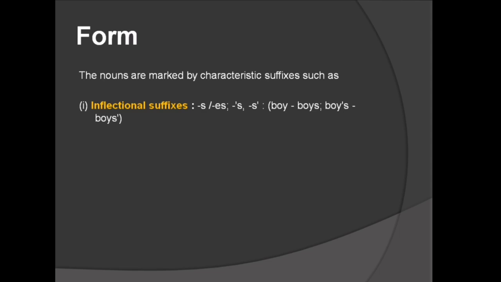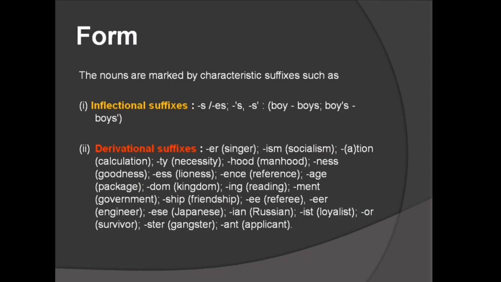So here the suffix s in the word boys is an inflectional suffix, and from this it becomes clear that the class of the word is a noun. Again, apostrophe s, B-O-Y apostrophe s, boy's. So all these are the inflectional suffixes. Those help you to identify the class of the word as being noun.